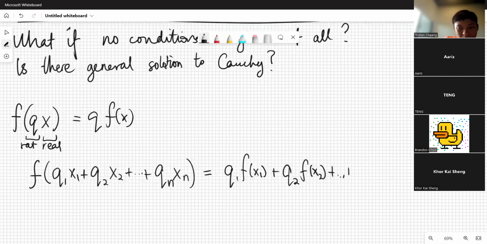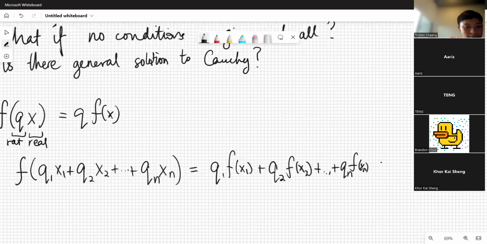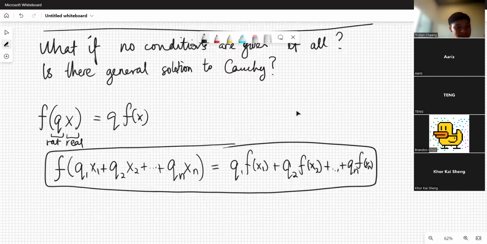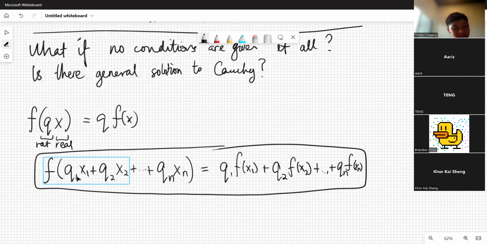So remember this property. This is true for the Cauchy equation in general, and it's also not hard to prove because we just proved it just now. So let this sink into your mind because it will be very important. So given any linear combination of x1 to xn, we can do this kind of thing.